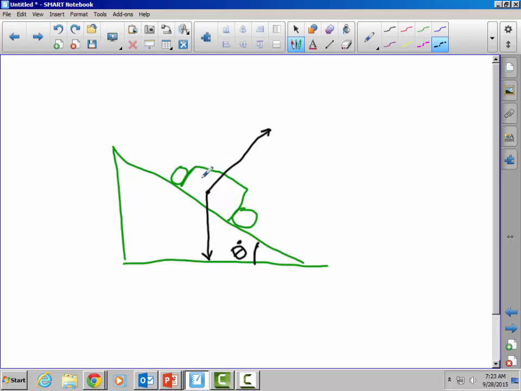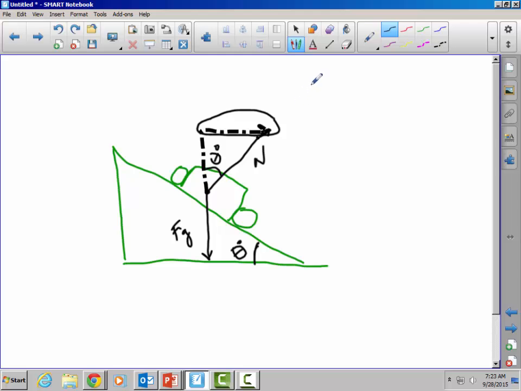What's providing our centripetal force is actually the horizontal component of your normal force. So if this is an angle here, and this is your normal, right, and this is your gravity, it's this part of your normal force that is keeping the car going in a circle.